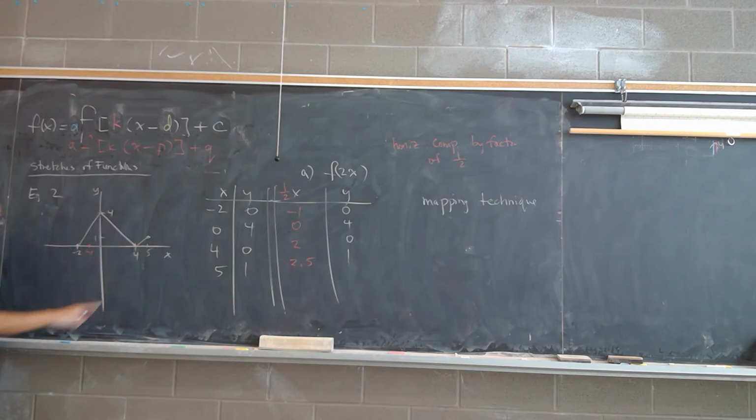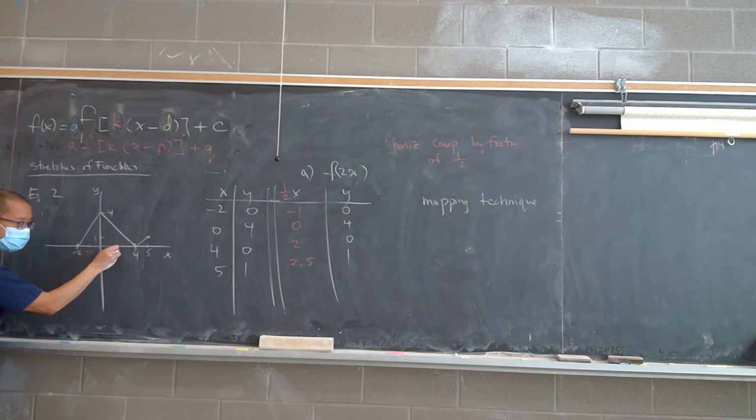Did it get further away? It has to be true to the transformation. So half of 4 is 2, and that's why we got (2, 0). And half of 5 is 2.5. It should still look the same. If you're using color, looking at the white graph compared to the red graph, it got horizontally compressed.